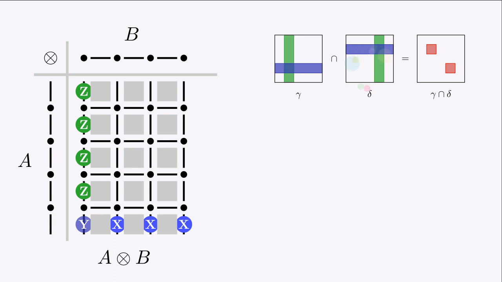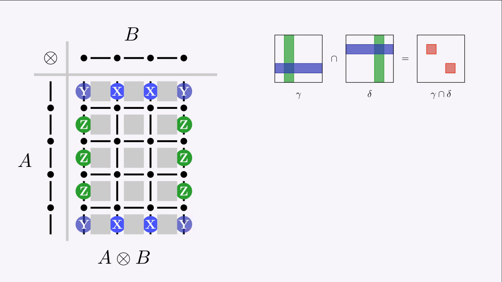And then we do the same with the delta region. Let me do this Z operator here and an X operator going along the top. Now we can see the overlap is just the two qubits, the one on the top left and the one on the bottom right.